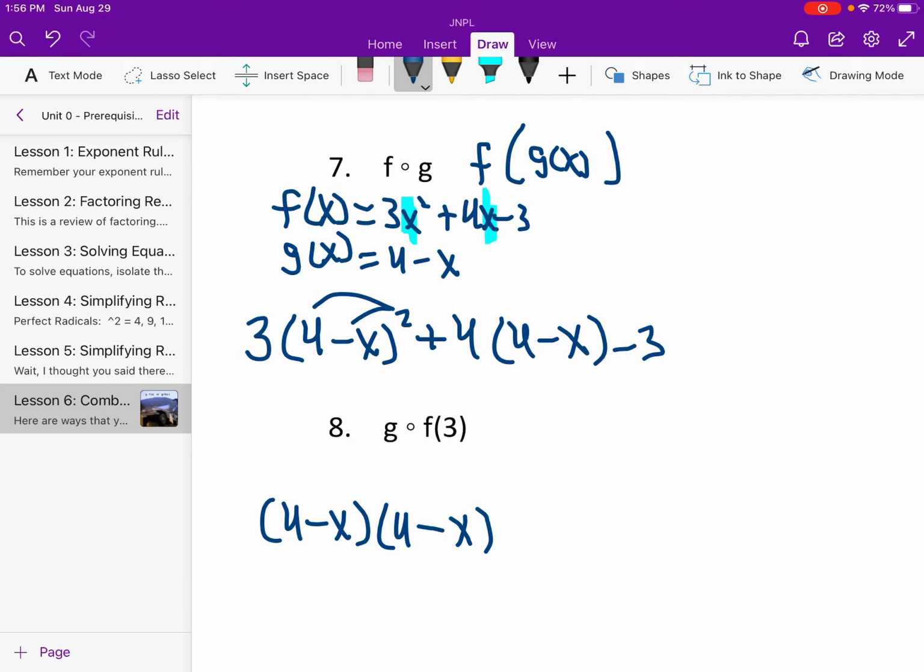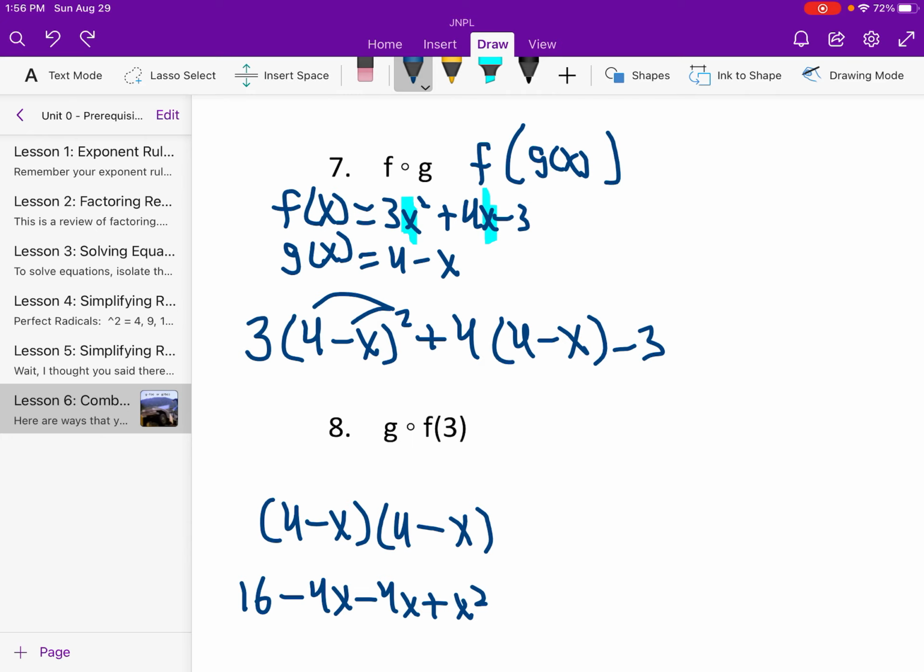That would give us 16 minus 4x plus x squared. If you don't understand how I did that, you can look up how to FOIL. I believe I did that in lesson 2, but you just use FOIL: first, outer, inner, last.